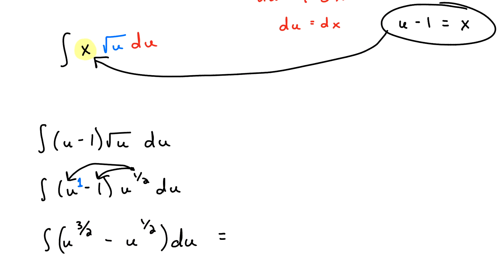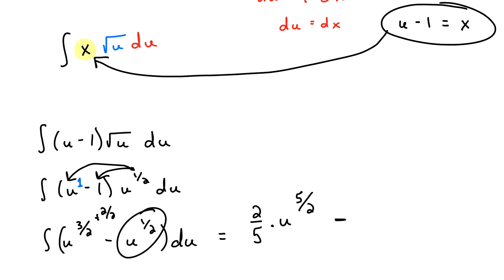So I'm going to do just that. Adding 1 to the power here, 3/2 plus 1. Adding 1 is the same as adding 2 over 2, so this would be u to the 5/2 power. Instead of dividing by a fraction, I'm going to multiply by the reciprocal, so we'll multiply by 2/5.